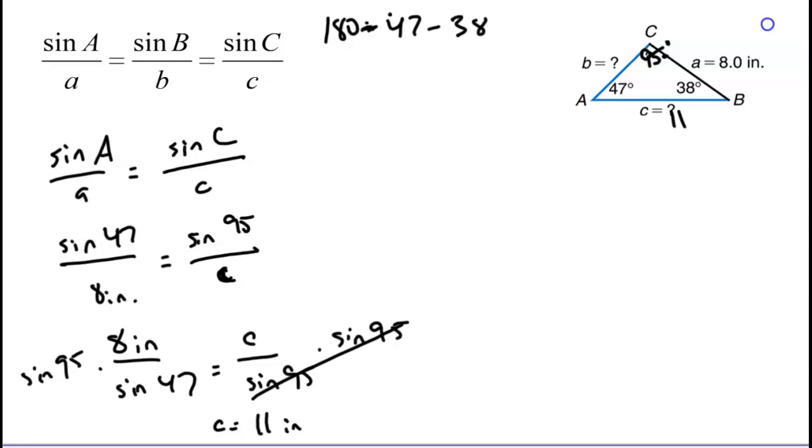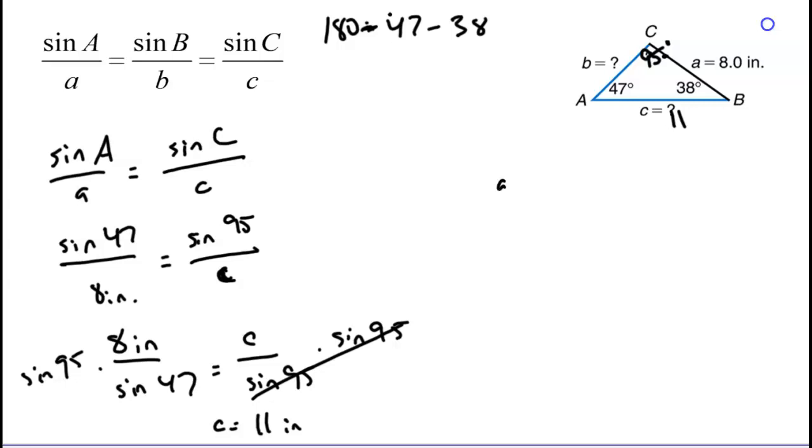Now that we have that, I still need to figure out B, so sine B. Since I already know sine A and I've been working with it, I'm just going to use it. And since I'm going to be flipping these anyway, I'll put my value for B on top.